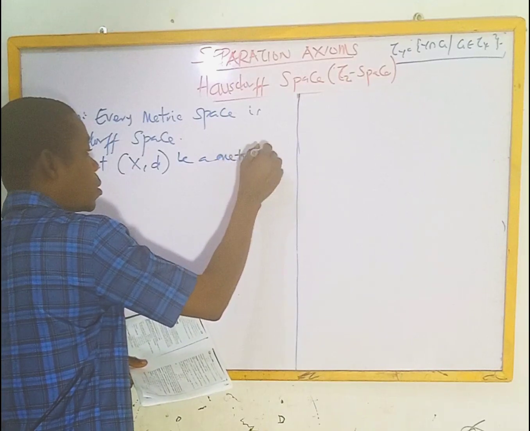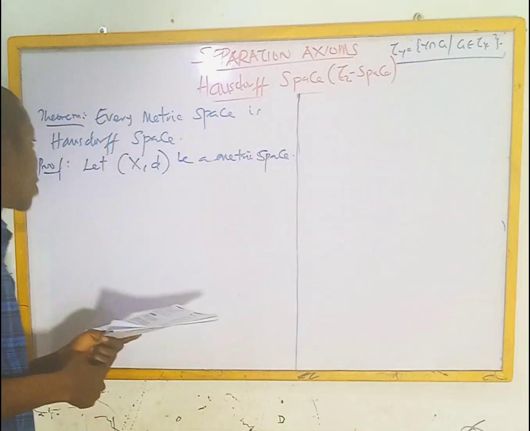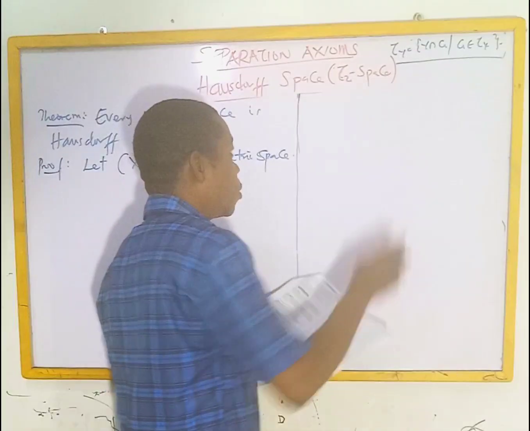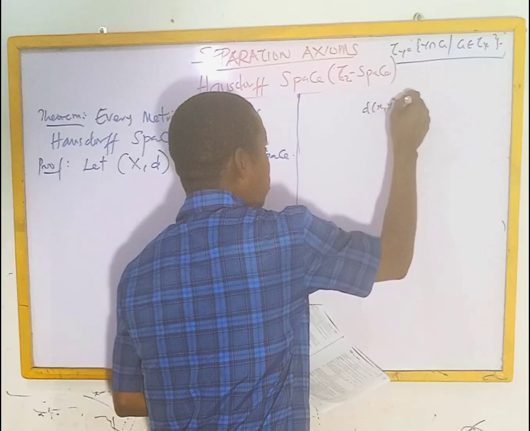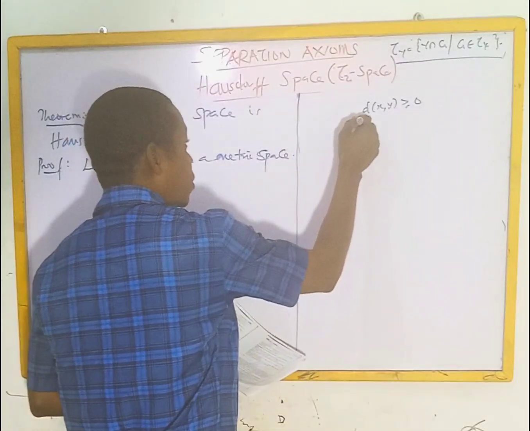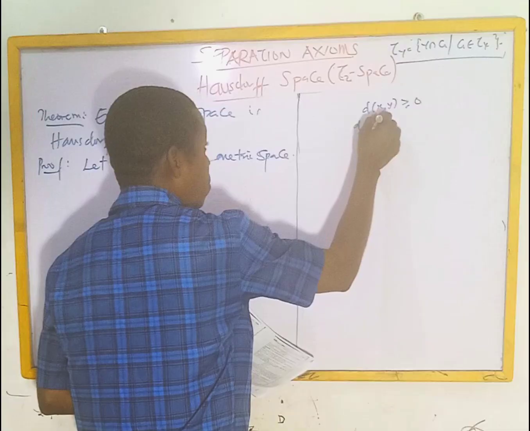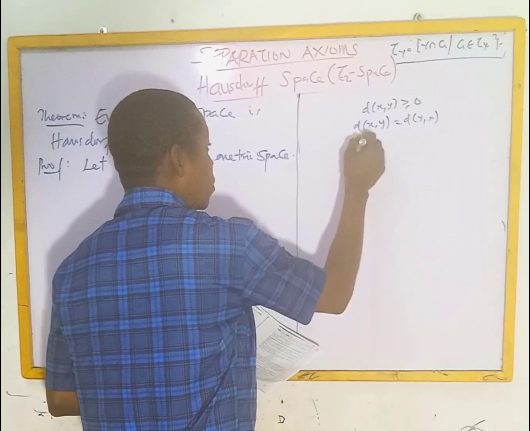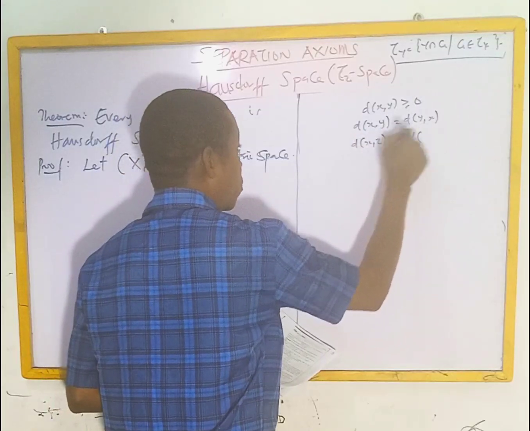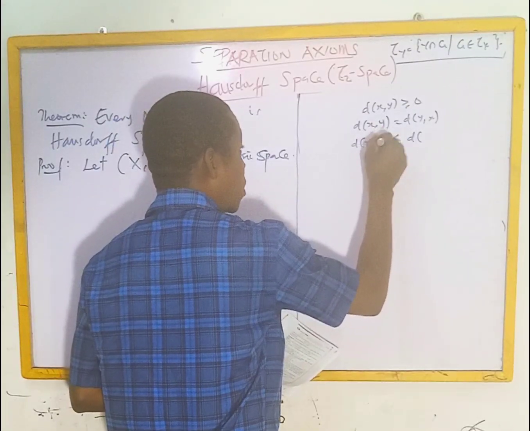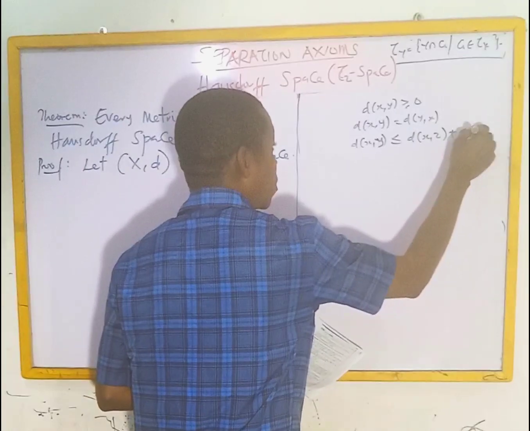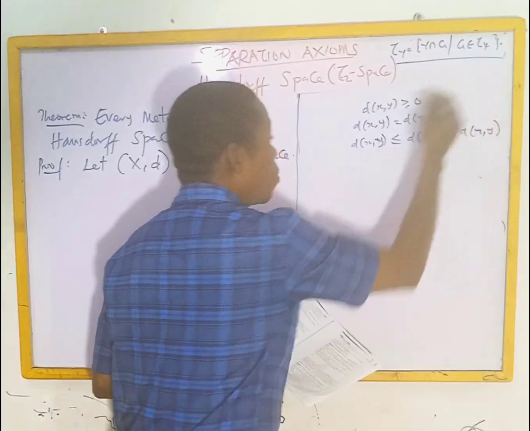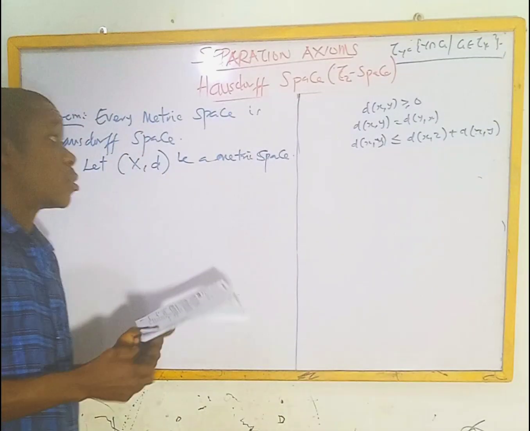When d(x,y) = 0, then d(x,y) = d(y,x), the symmetry. Then the triangle inequality: d(x,z) is less than or equal to d(x,y) plus d(y,z). So that is the condition for d to be a metric.